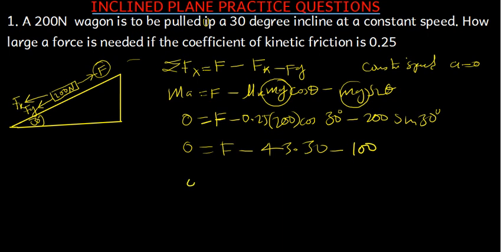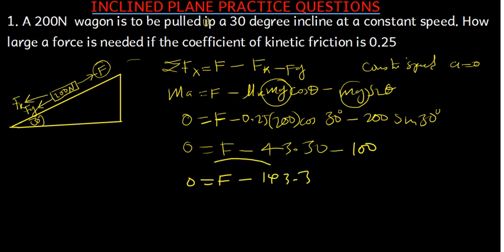So this gives us 0 is equal to F, and if we work these out, negative 43.3 minus 100 gives me negative 143.3.